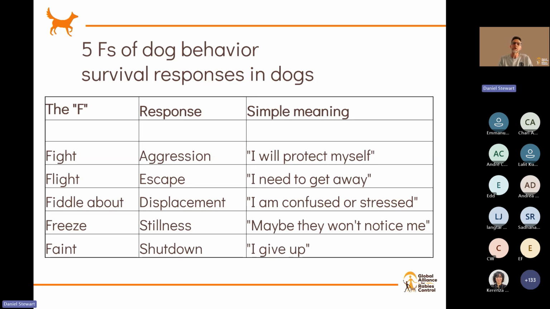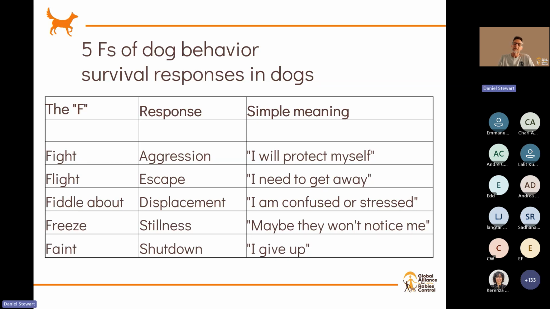That's at the moment when the dog is feeling that it needs to protect itself. The freeze, the dog just stops. Now, we often use this when we are trying to handle dogs in a vaccination campaign where we've had to use equipment on it. The dog goes into a freeze mode. The dog is stationary. We can vaccinate it easily. But we must understand that this is actually a stress-related part of the dog's survival response.